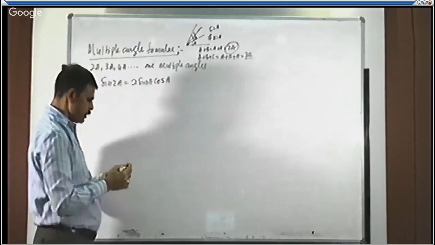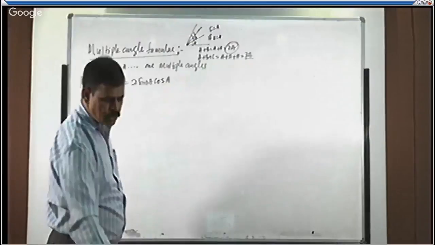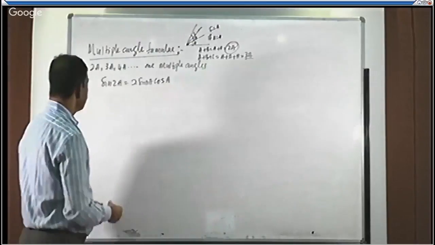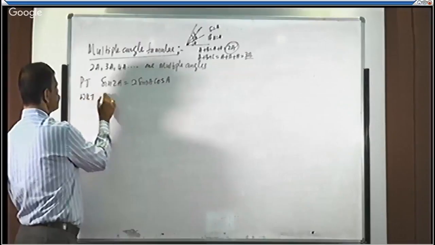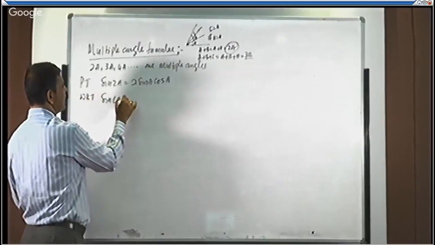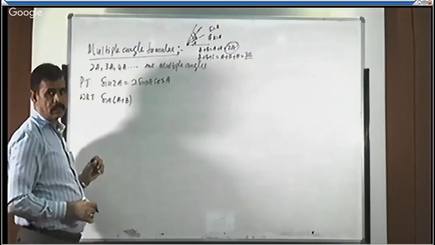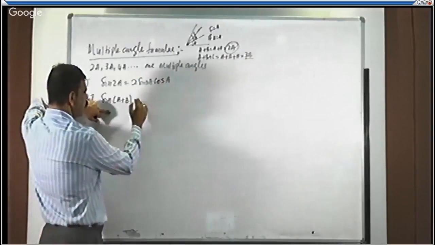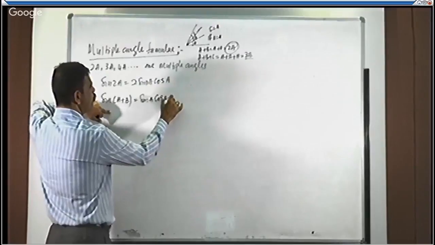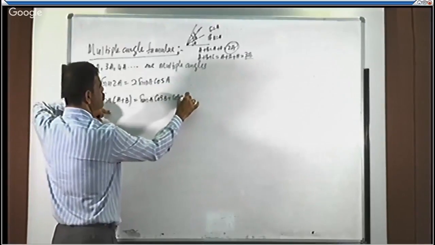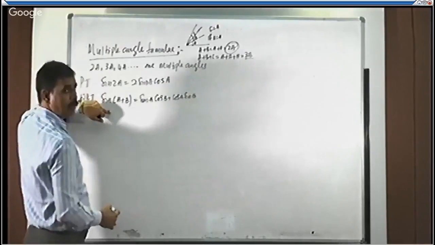Prove that sin 2A is equal to 2 sin A cos A. See the proof. We know the sin of A plus B formula. Very simple. Take the sin of A plus B formula. Sin of A plus B is what? Sin A cos B plus cos A sin B. Right?